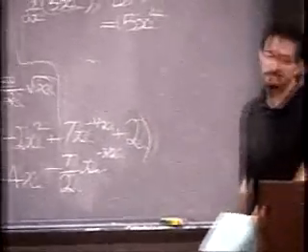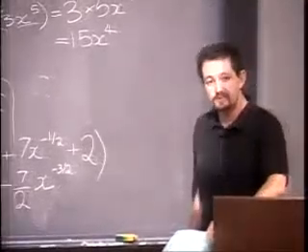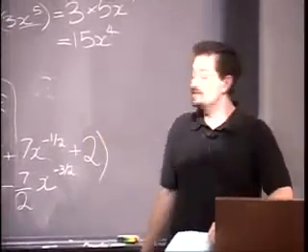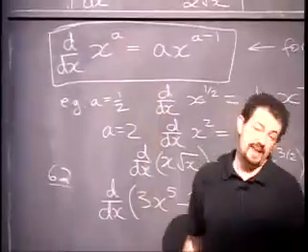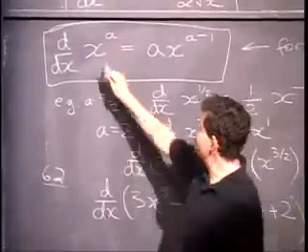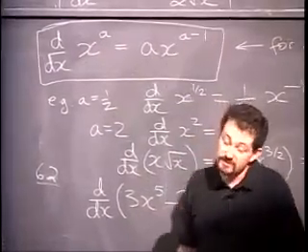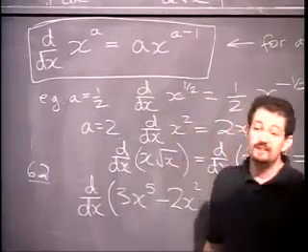It's 0. 2 is just a constant. The derivative of a constant is 0. One way you can see this is it's just a line. So of course it has slope 0. Another way you can see it is that x to the 0 is 1. The derivative of x to the 0 is 0 times x to the minus 1. So the derivative of 1, just the constant function 1, is 0.